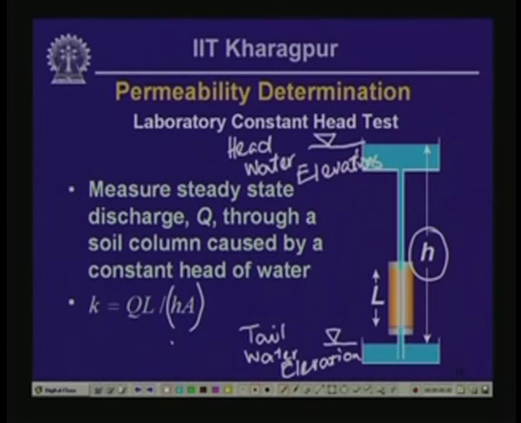So, H multiplied by A is in the denominator of this expression. Q is in the unit of volume per second, L is in length unit, H is in length unit, and A is in units of square of length. So, permeability K ends up in the unit of 1 over length.